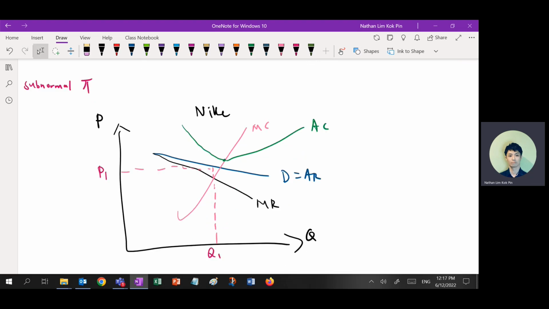Then dotted line, how? Vertical dotted line has to extend, then draw one more horizontal dotted line. Where should I put the vertical dotted line? Intersect between what and what? The objective is maximizing profit. Maximizing profit is where?